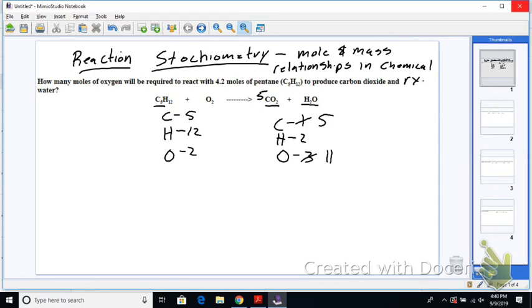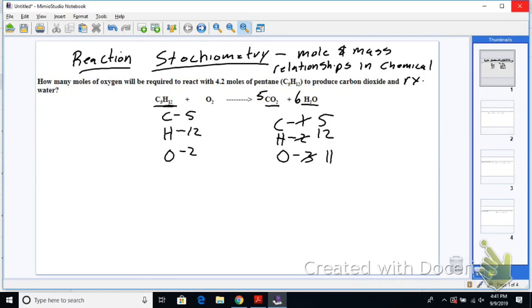The next thing I'm going to do is balance my hydrogen. If you notice, on the left side I have 12. On the right side I have 2. So I'm going to put a coefficient in front, and when I put a coefficient in front, that makes it 12 hydrogen. So 6 times 2 is 12. So my carbons and hydrogens match up. Now I just recount my oxygens.